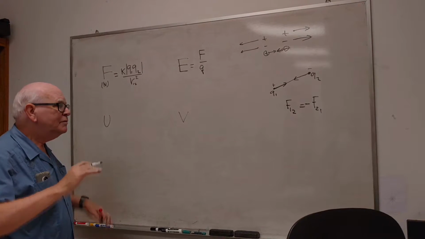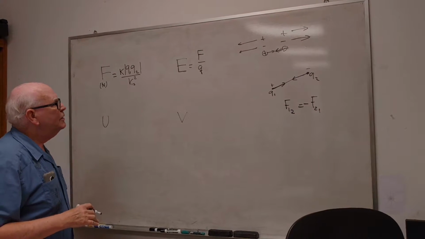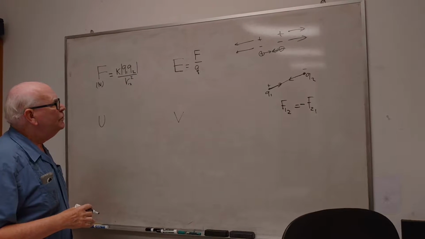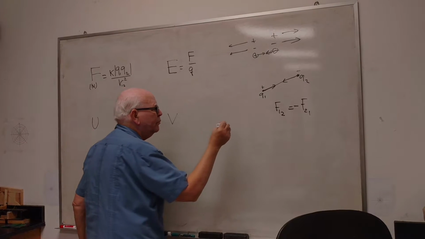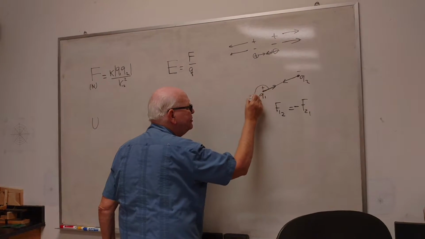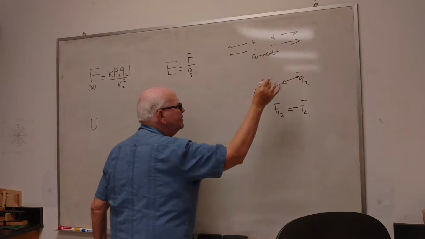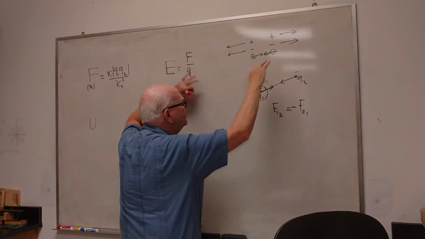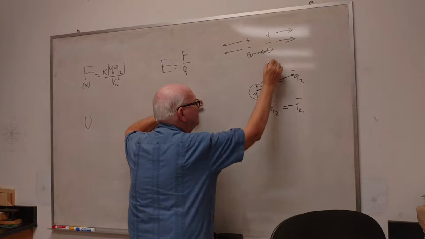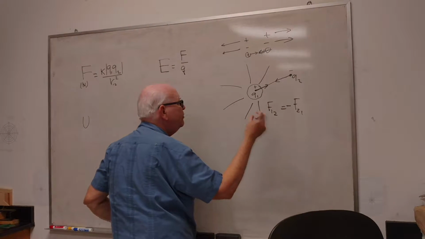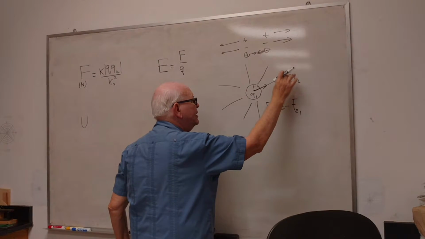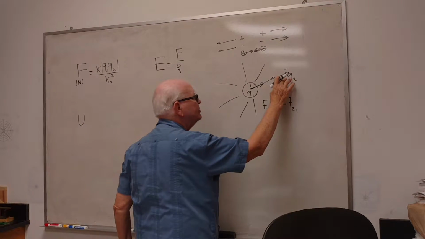Well, for some more complicated situations, it's easier to think that one of them, selected arbitrarily, is producing an electric field all throughout. Okay? And then another charge, if you put another charge in this region, is going to experience a force.